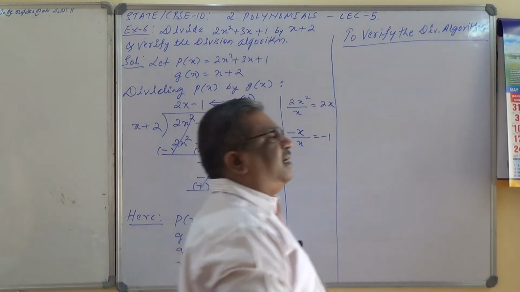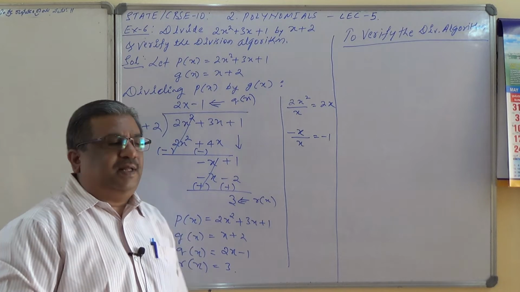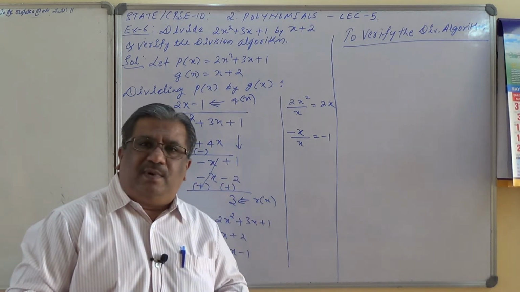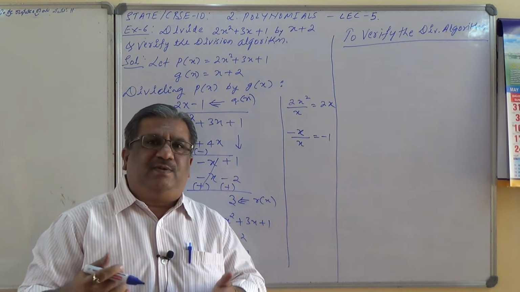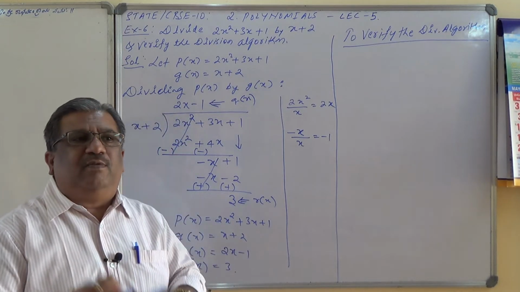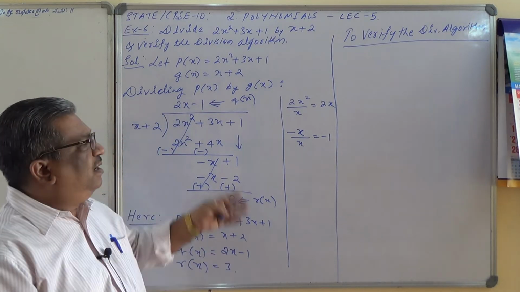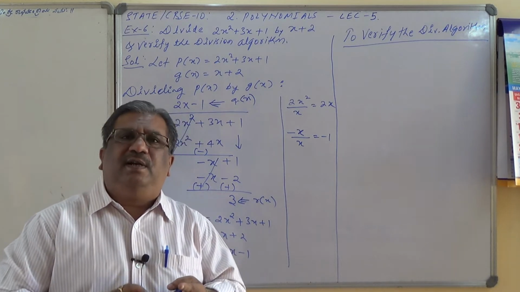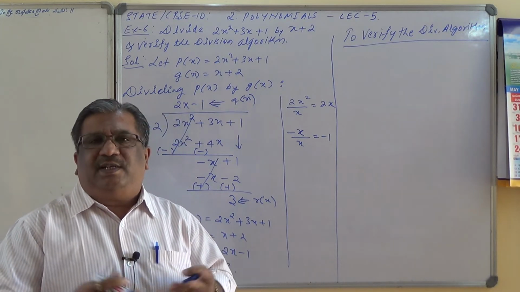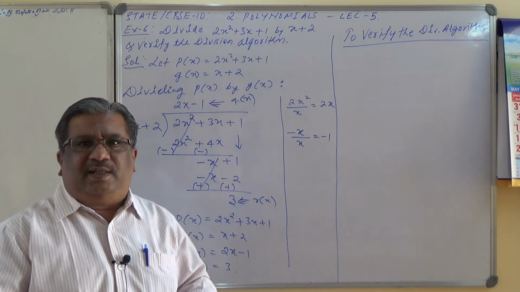You take the RHS and prove the LHS. What is the division algorithm? P of x is equal to g of x into q of x plus r of x. You take the RHS over here and arrive at LHS. That means you find out g of x into q of x plus r of x and check whether you get the p of x or not. And that is the verification.